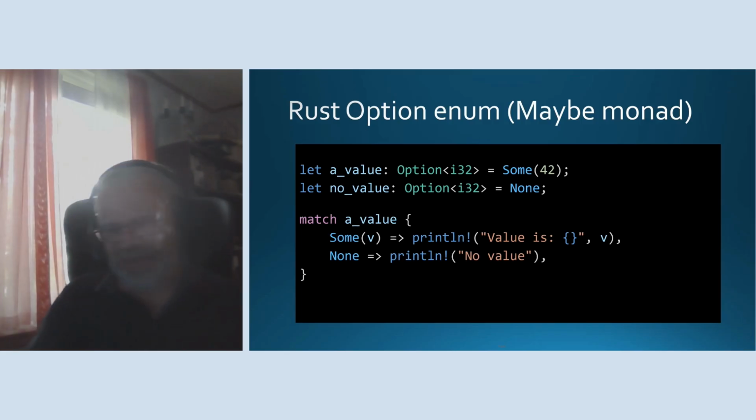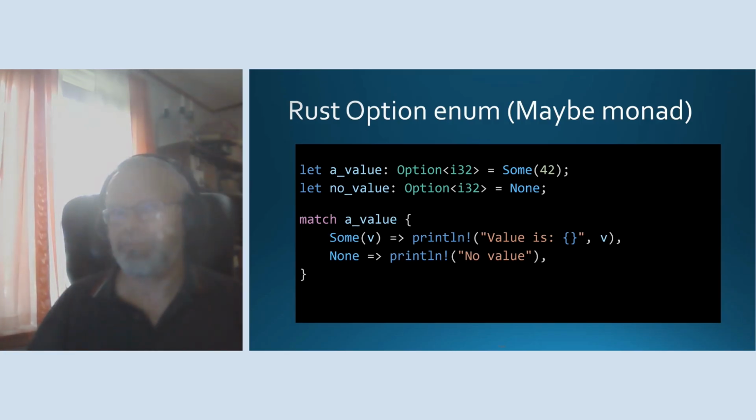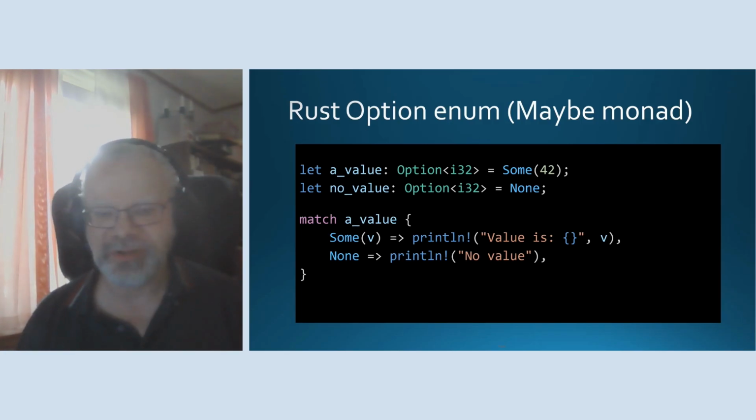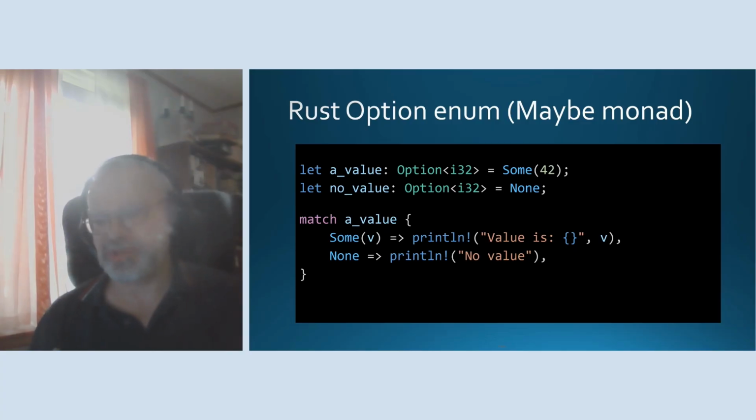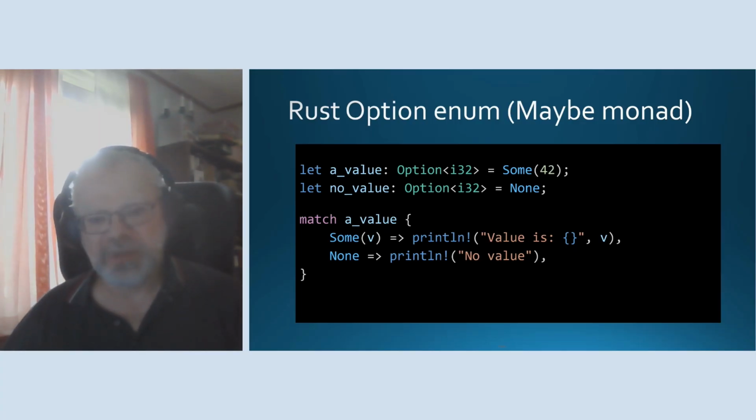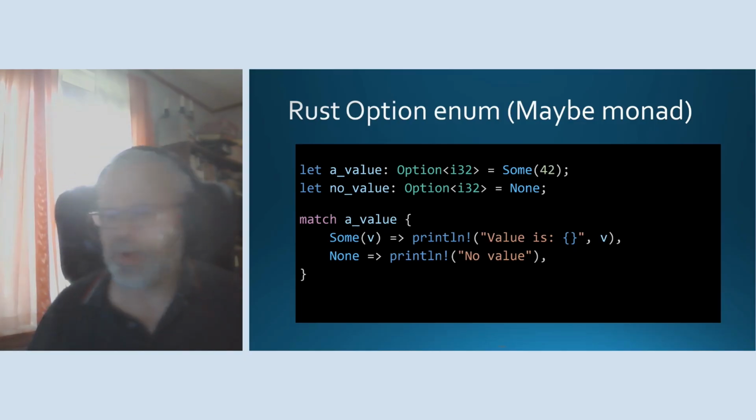And then we have a match, and it's an advanced form of if statement, really. If the value is Some, then we can print it. If the value is None, then we don't have a value to print. We print no value instead. And when we do a match, the compiler enforces us to cover all cases. So we can't miss a case here. The compiler forces us to always use that.